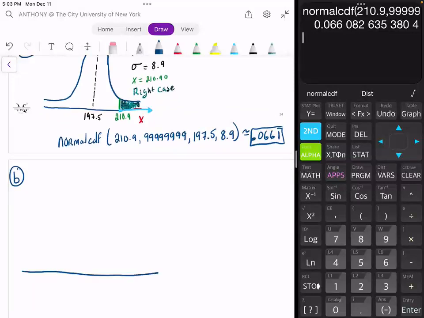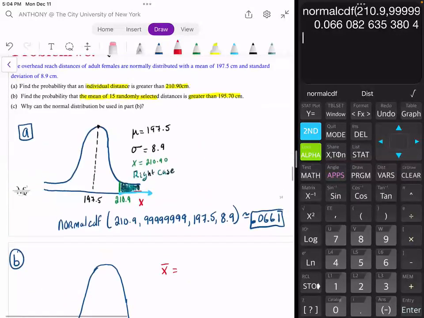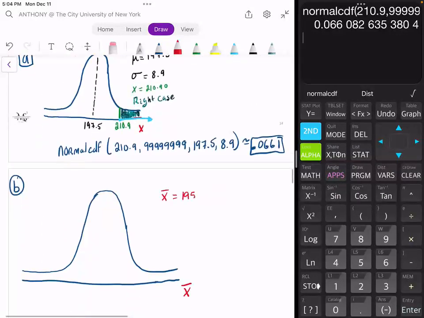Okay, so here's the bell-shaped curve again. We have x bar this time, sample means. So we know x bar was equal to, for this problem, 195.7. We have the original mean, the mean of the population was 197.5, so that's in the middle.